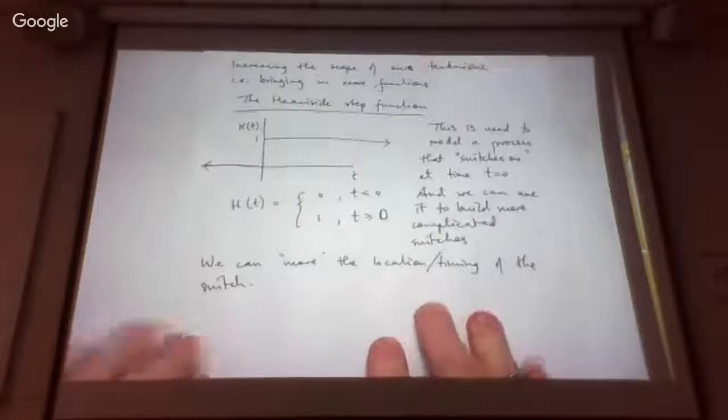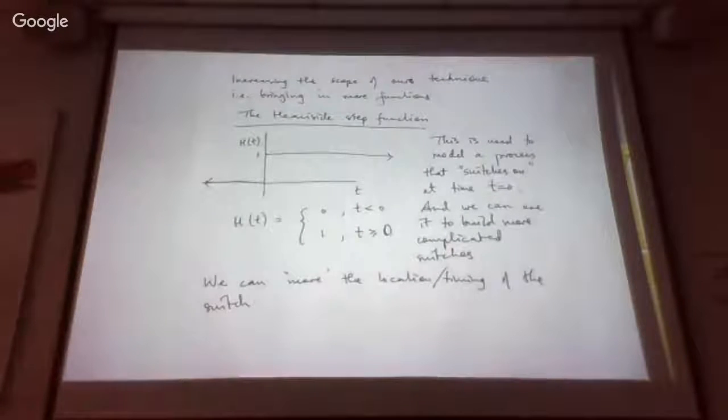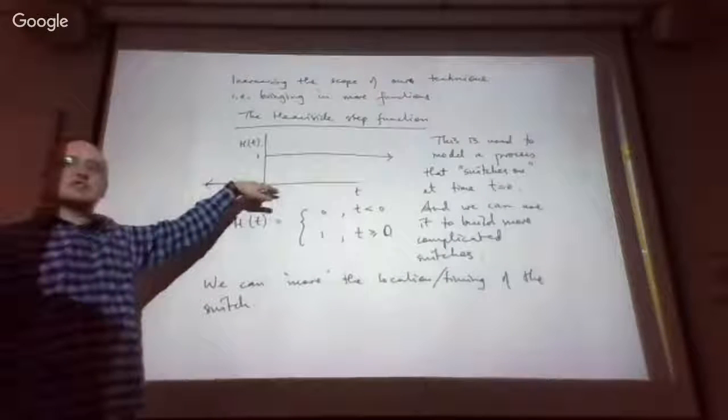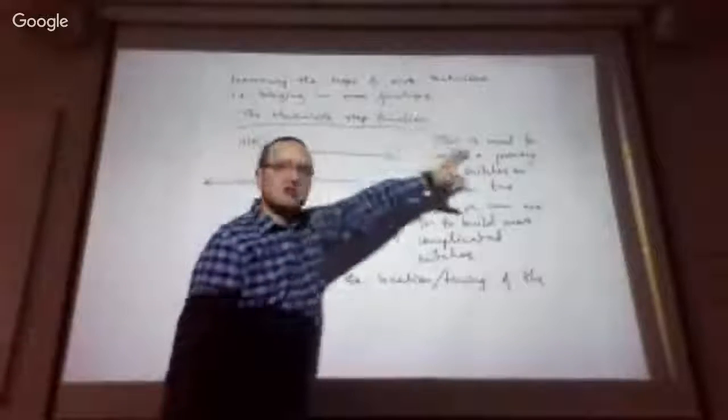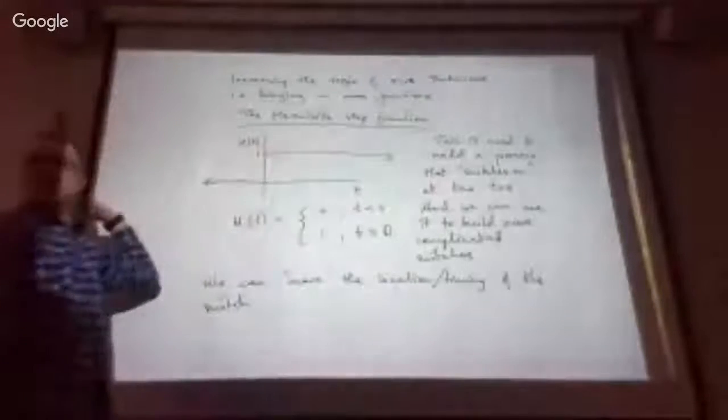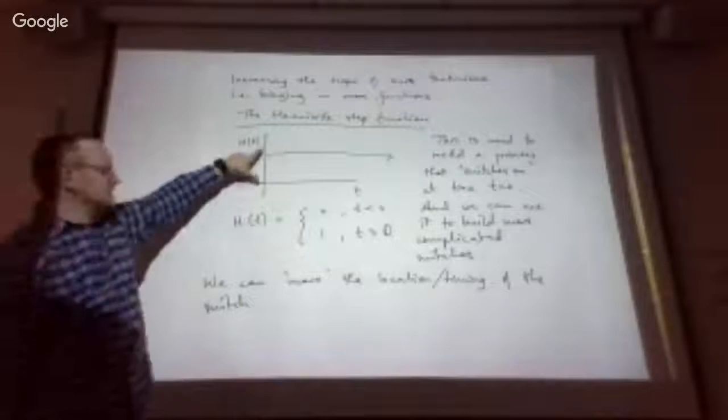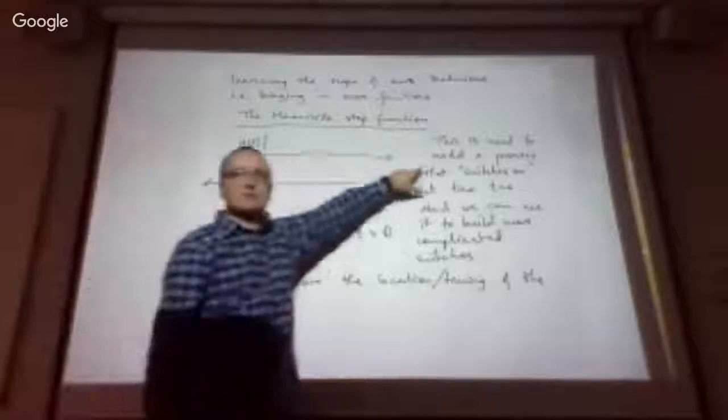Well, how do you do that? How do you produce a function which, instead of doing the switch at t equals 0, does it at some other time? Well, basically what you want to do is take that graph and either translate the graph to the right or translate the graph to the left, changing the time of switching to some other value.